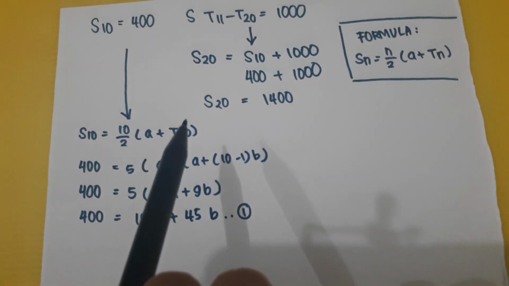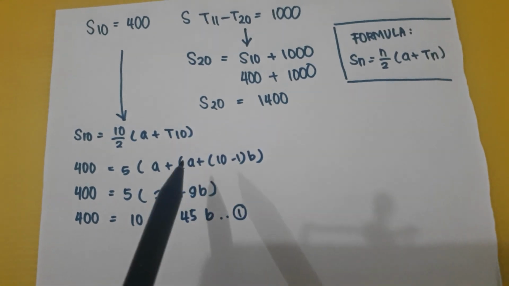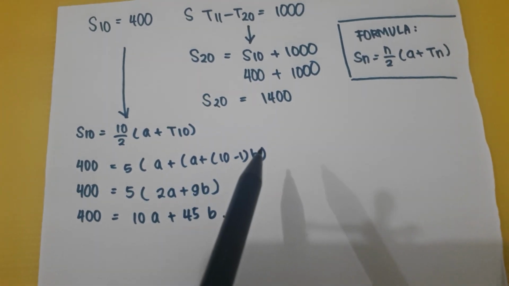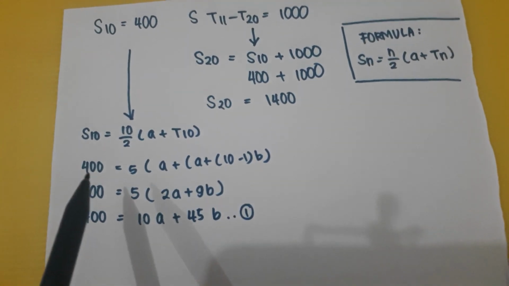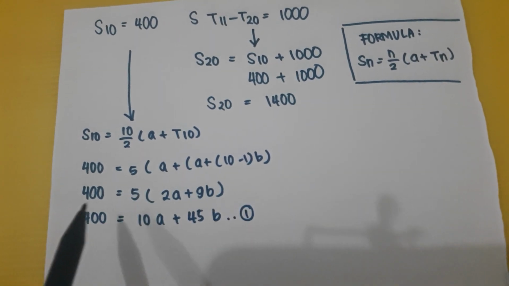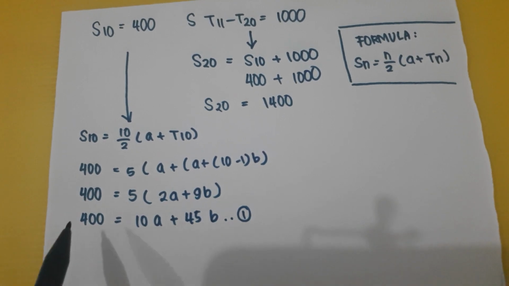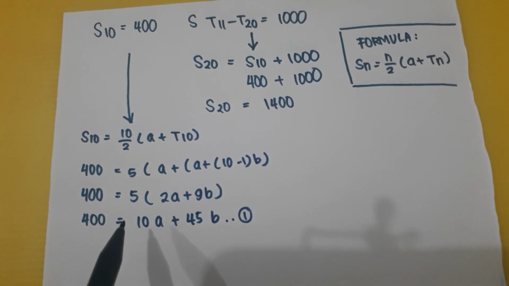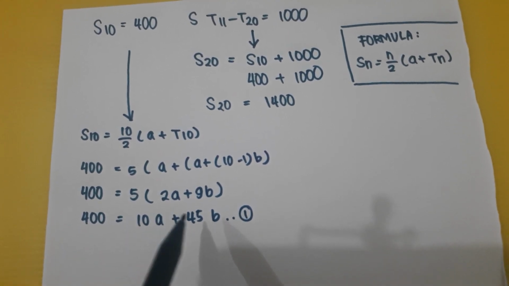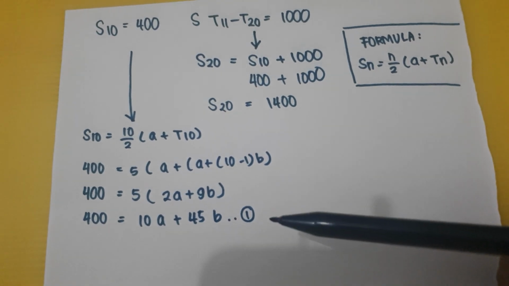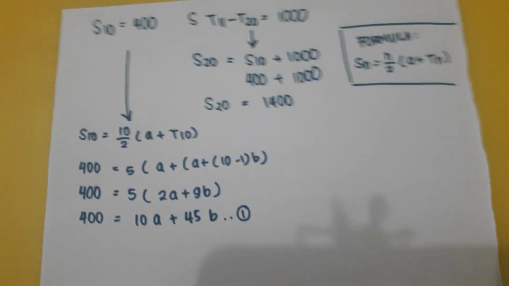A plus the 10th term can be broken down into a plus 10 minus 1 times the common difference. We can work this out to be 400 equals 5 times 2a plus 9b. So 400 will be equal to 10a plus 45b. This is the first equation.